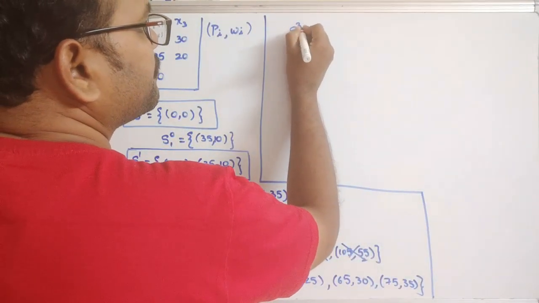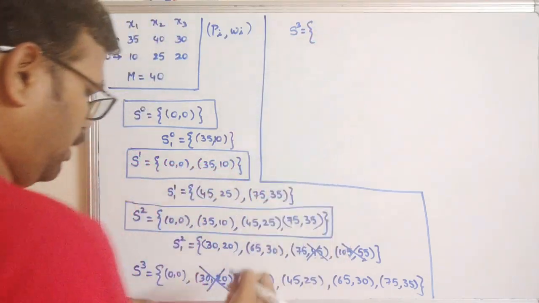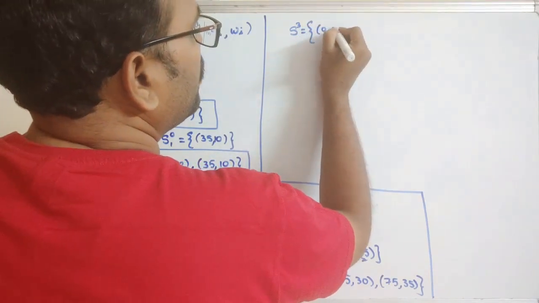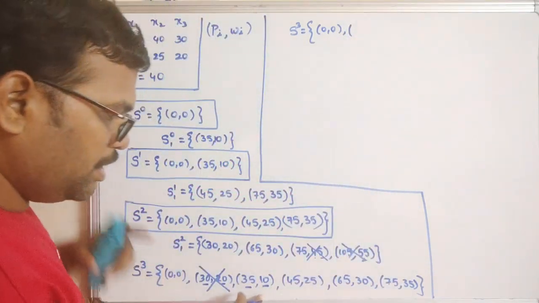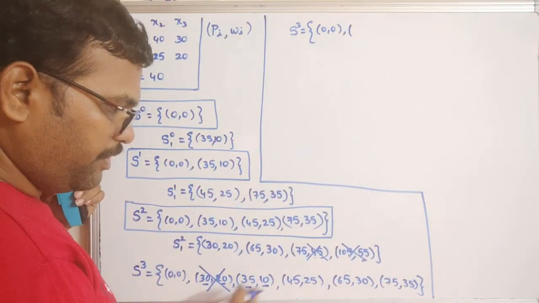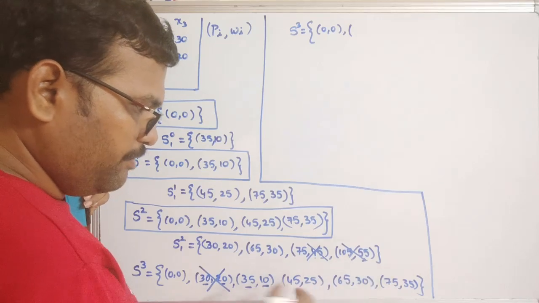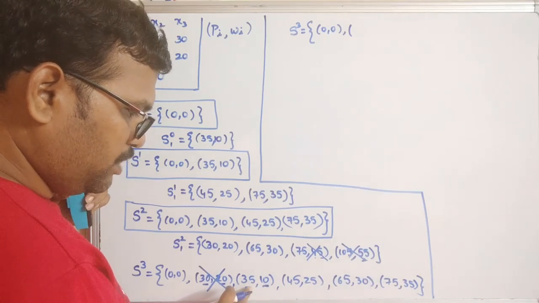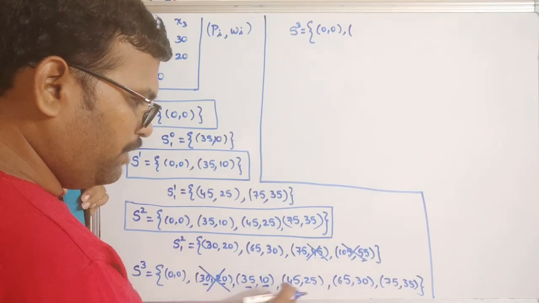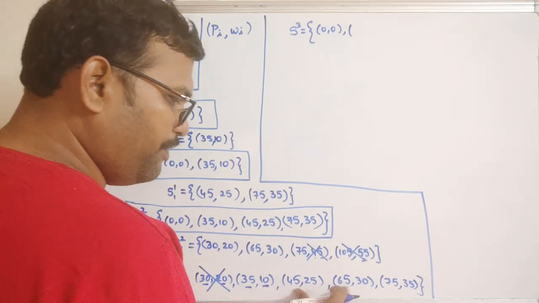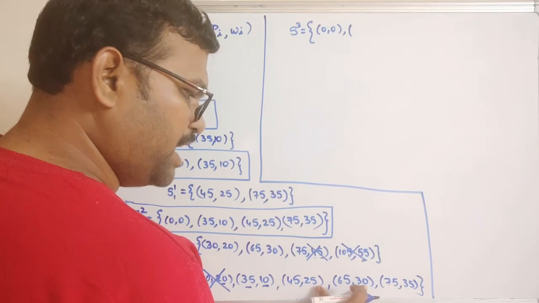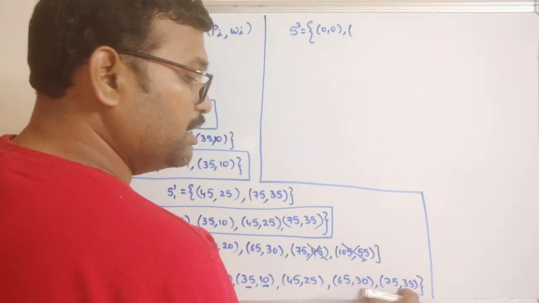S3 is equal to, what are the pairs? So 0, 0, 35. See, you can observe 35, any other deviations, dominance here. So 35, 10, 45, 20. So both are maximum and here also maximum. 45, 65, 25, 30 maximum. 65, 75, 30, 35 maximum.